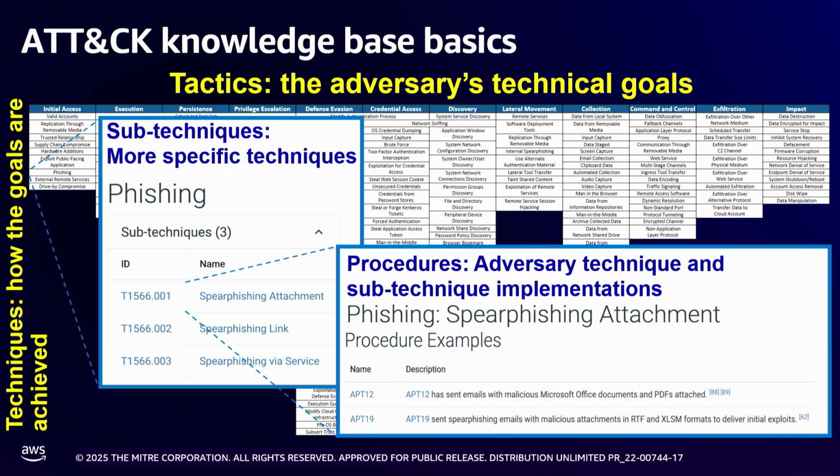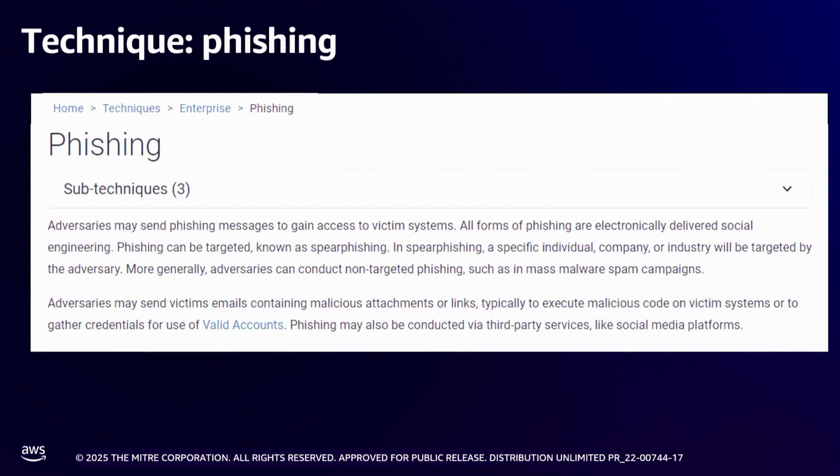And then even further yet, it's down to the procedure level. Well, what threat group might have performed this particular action? So going all the way down to the procedure level is also key and defined within the framework.